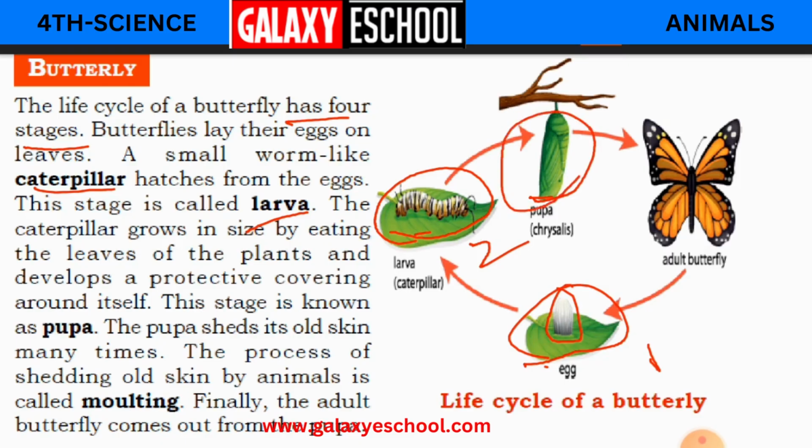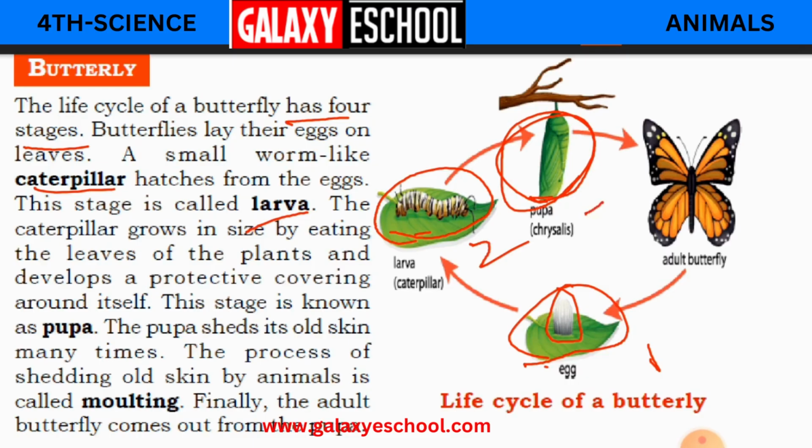As you see here children, the caterpillar is rounded up with the leaf of the plant. It is totally green in color, the leaf. So inside the leaf, the caterpillar will be there. It is going to get this cover around itself for protection.